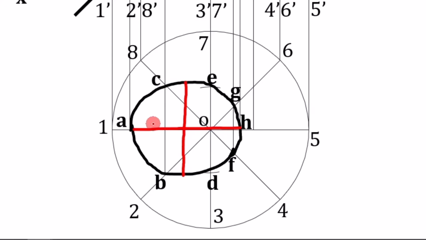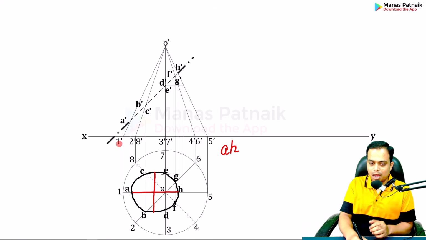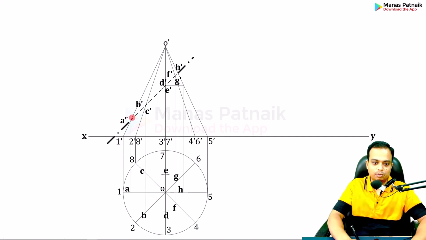Sir, we can clearly see the major axis. What is the major axis? It is AH. But sir, for the minor axis, you don't have any extreme points. Can you devise a method or propose something with which we can make the minor axis, or clearly have the width of the ellipse in our mind? I surely can't do that.